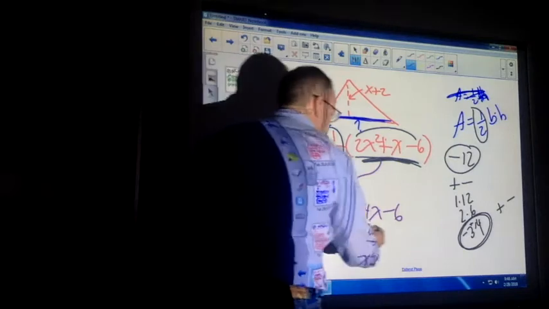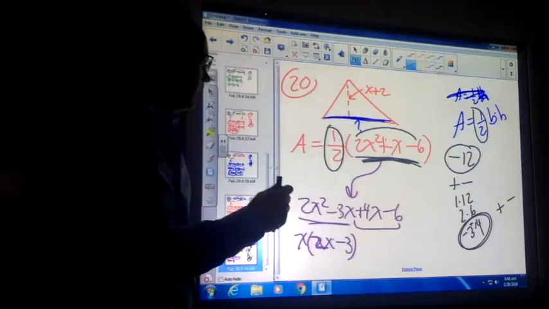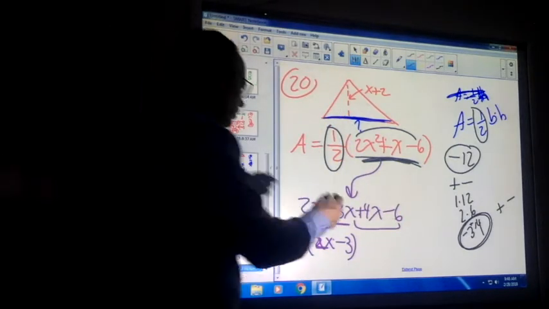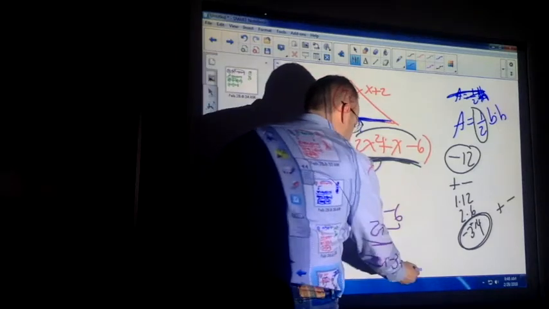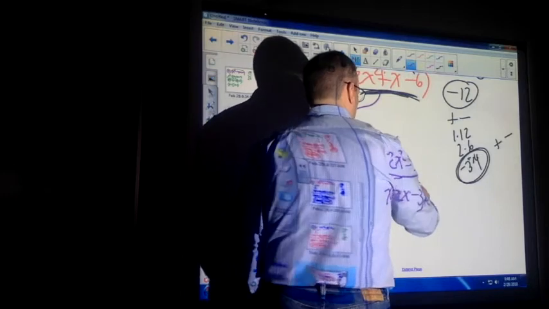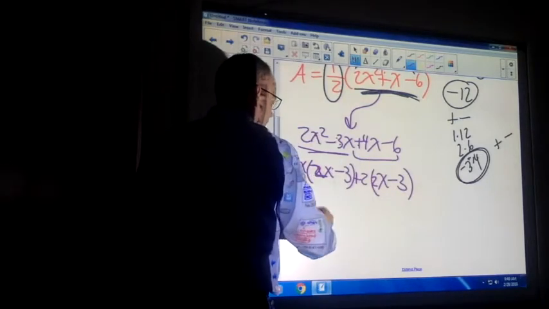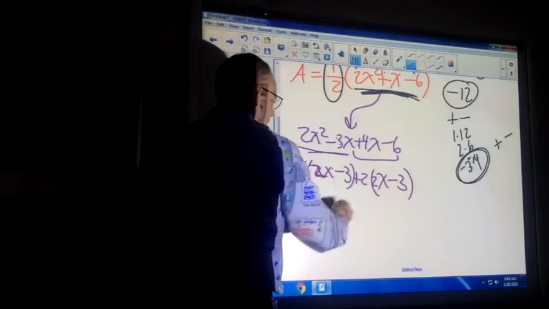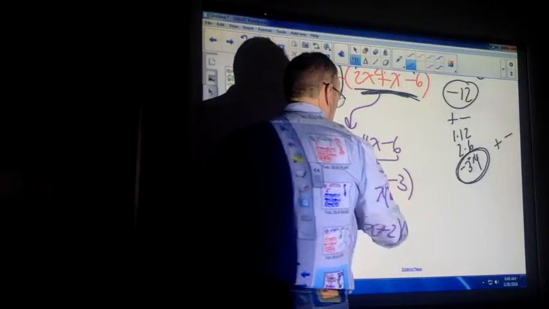And here, if I factor out a positive 2, it'll leave me this, 2x minus 3. Oh, that's the same, so I get x plus 2 and 2x minus 3.